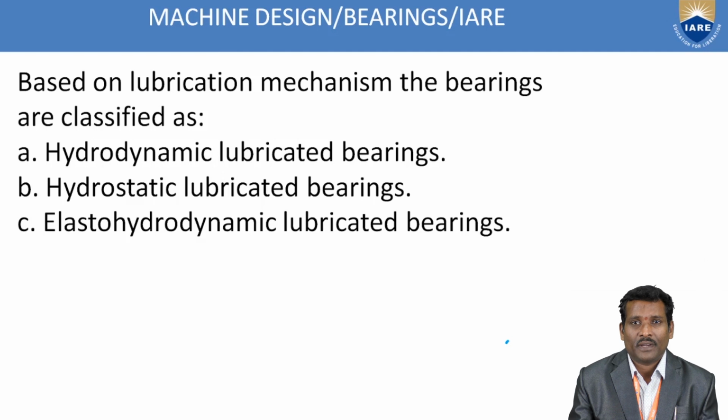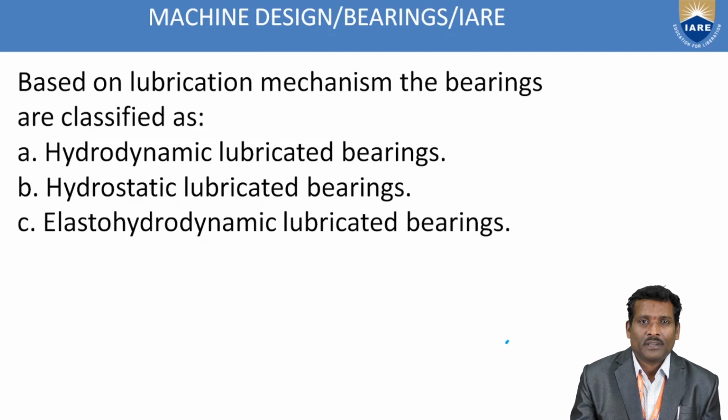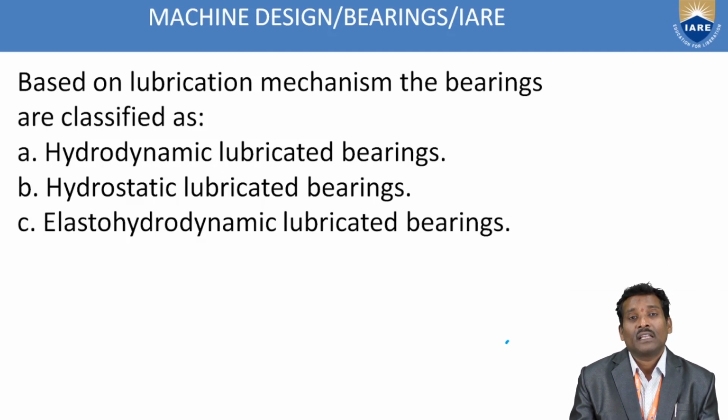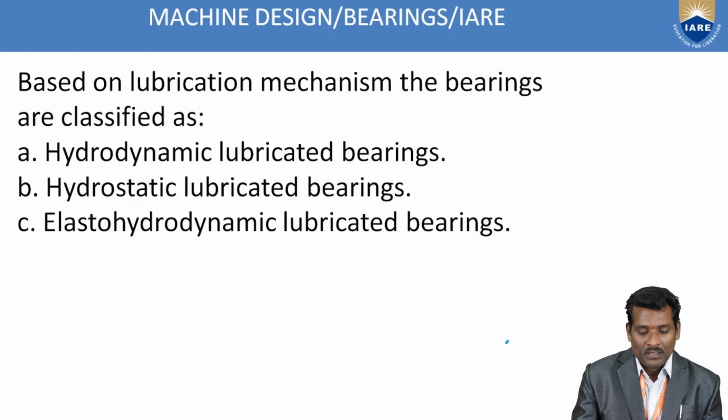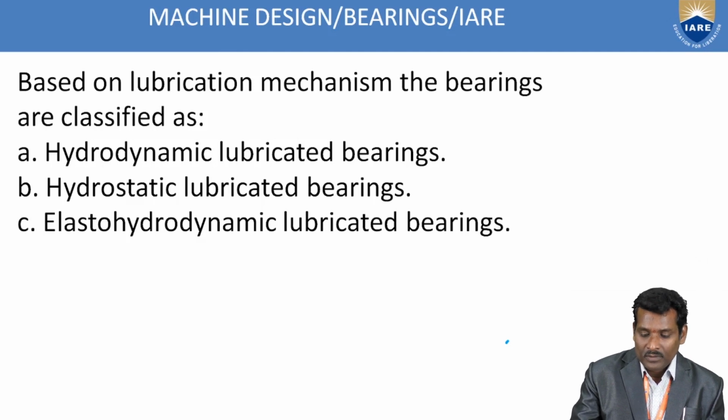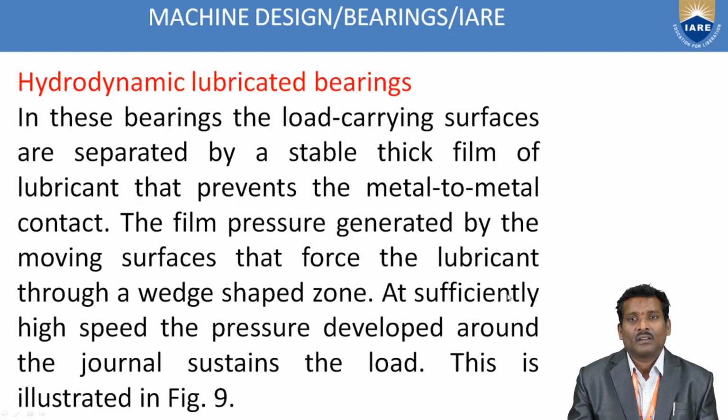Previously we classified according to the type of lubricant film, thick film, thin film and boundary lubrication. But in this category, the bearings are classified according to the mechanism of lubrication. What is the mechanism behind the bearing? We will see them one by one.